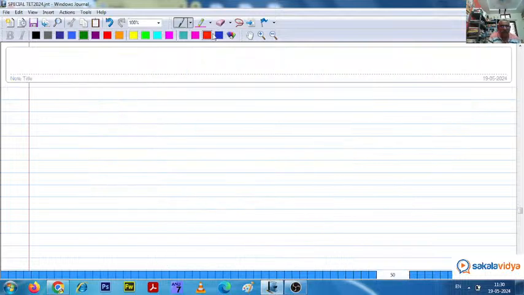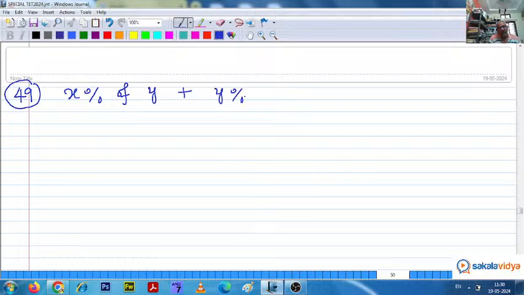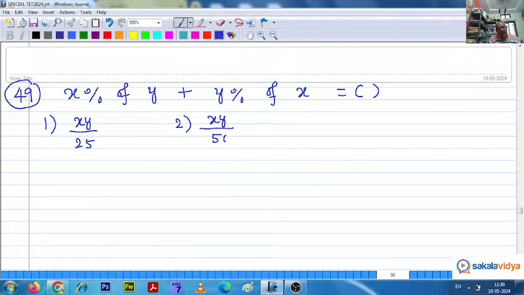49th question. See, x percent of y plus y percent of x equals to: first option xy by 25, second option xy by 50, third option xy by 100, fourth x plus y by 50.